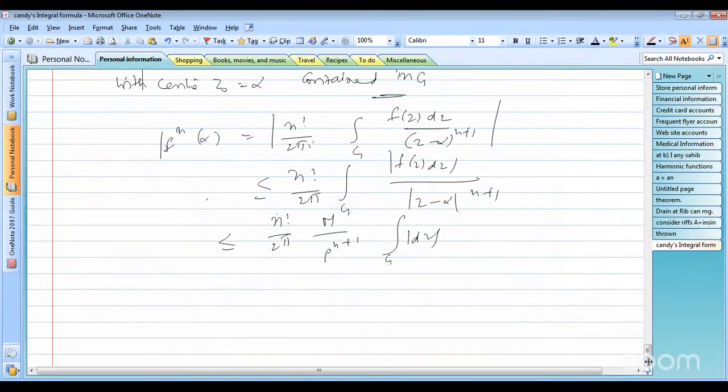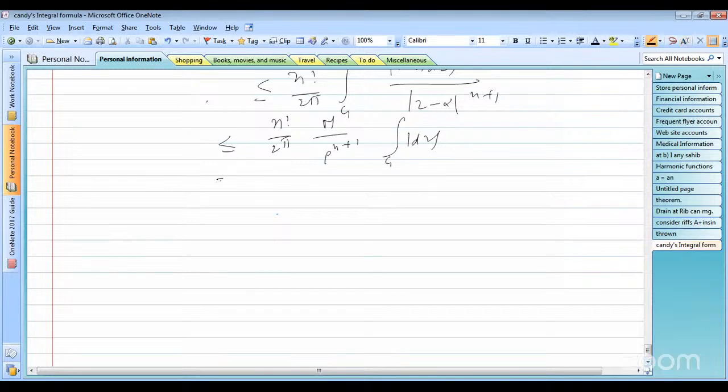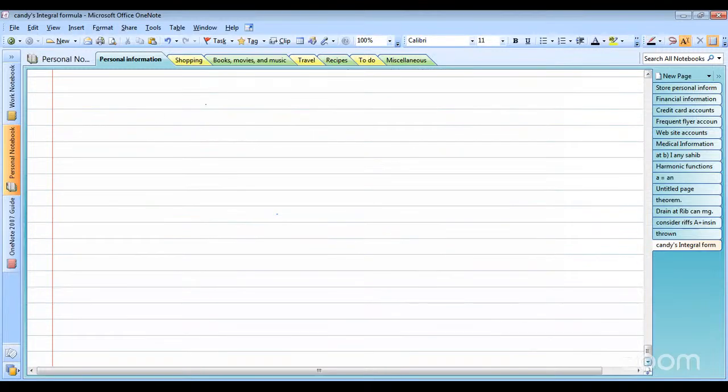So therefore, n! by 2 pi, M by rho^(n+1), times 2 pi rho, the length of the circle. Here the 2 pi gets cancelled.